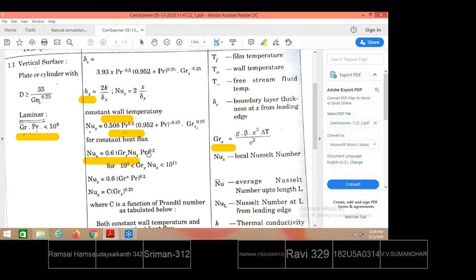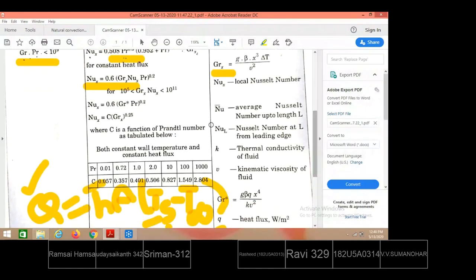For both cases, the Nusselt number equals C times Grashof number to the power 0.25. In this equation, C is taken based on the Prandtl number. For a Prandtl number of 0.72, what is the C value to be substituted here?